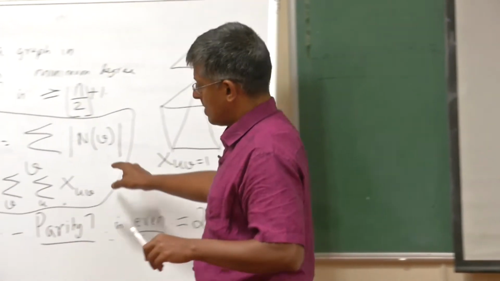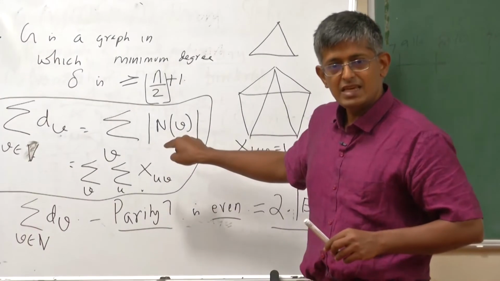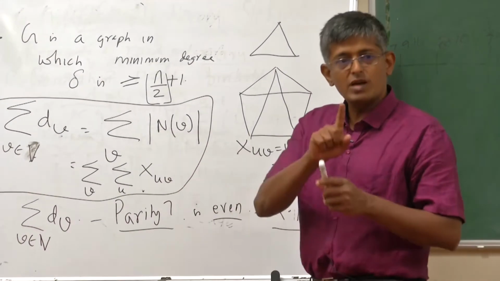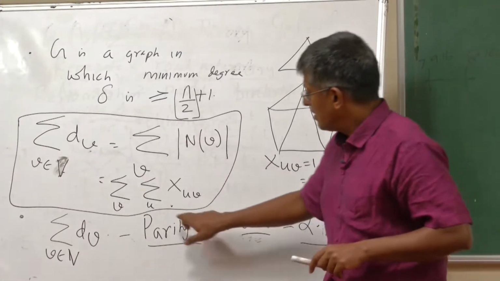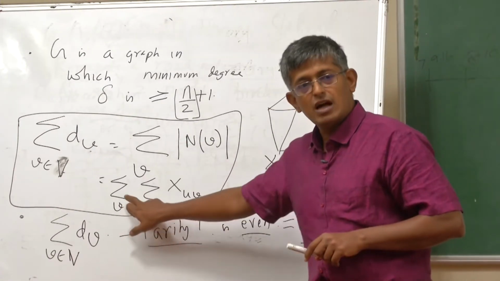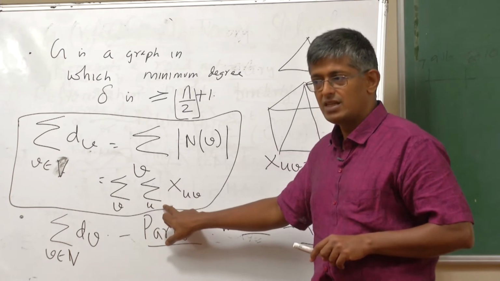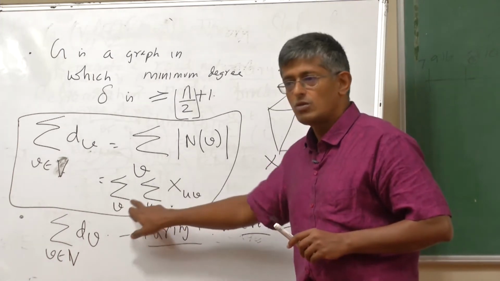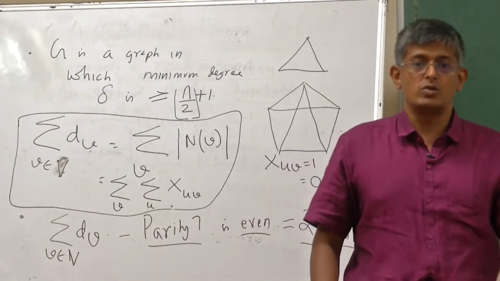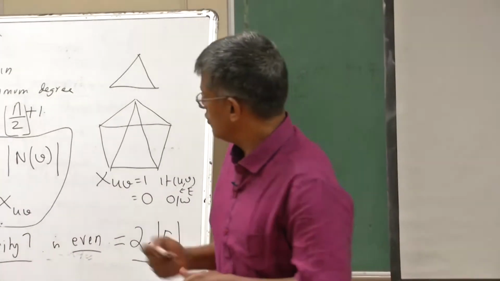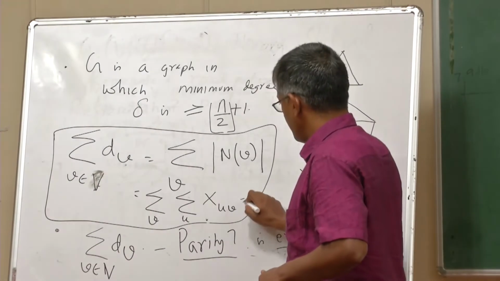Now this summation, as you can see, an edge u comma v will be counted exactly twice in this summation. Once when v is in the outer summation, u is in the inner summation, and the second time when u is in the outer summation and v is in the inner summation. No other term will be counted. Therefore, this is equal to twice the total number of edges.